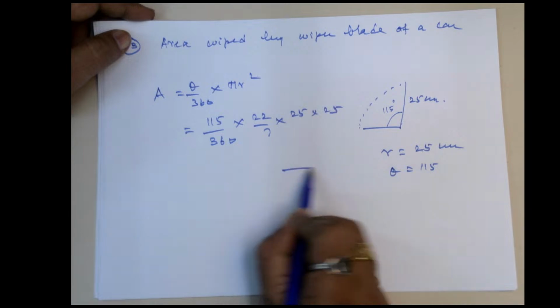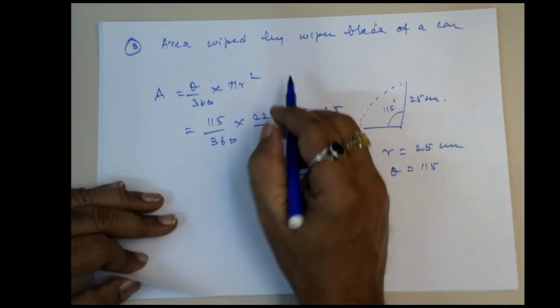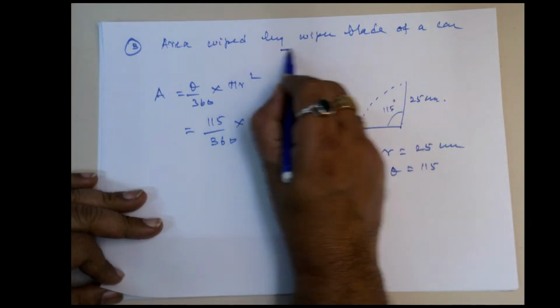Now you can work out and get me the answer. So this is the third question. You can call this sum the car wiper blade sum.